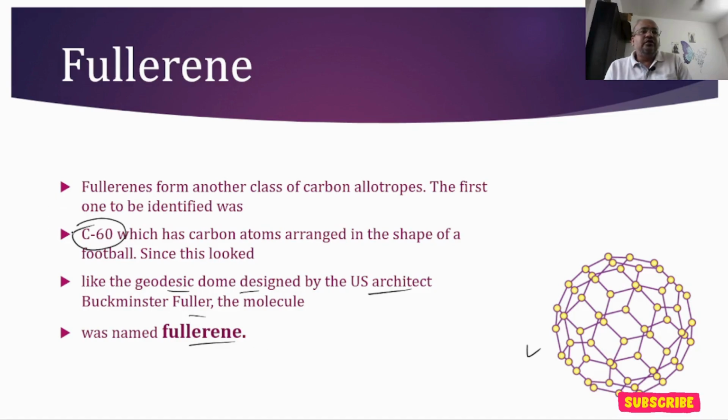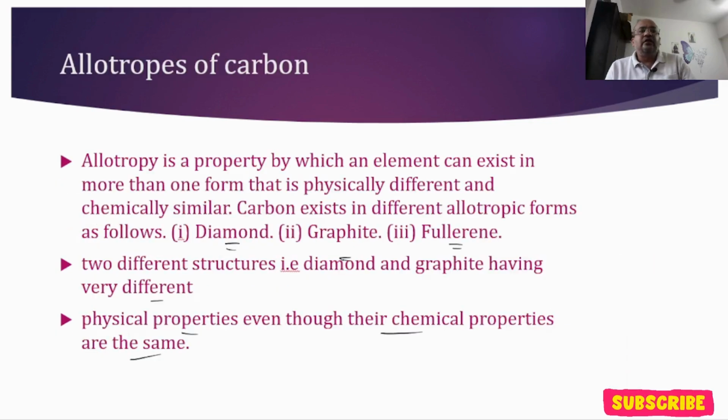So I'm sure you have understood today's topic, the allotropes of carbon. We have seen that allotropy is a property by which an element can exist in more than one form that is physically different and chemically similar.